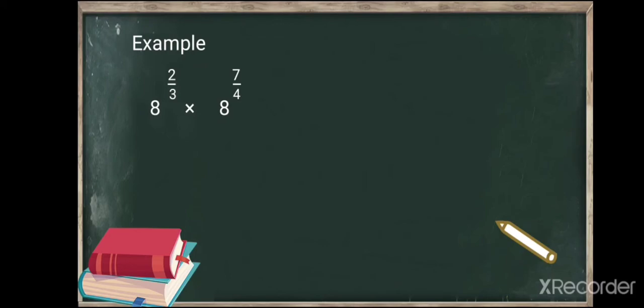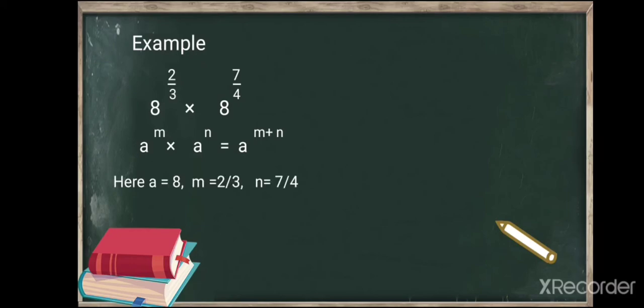So on comparing with this formula, we will get the value of a is equal to 8, m is equal to 2 by 3 and n is equal to 7 upon 4. So in this formula, we are going to add these index numbers. So let us first add these rational numbers.